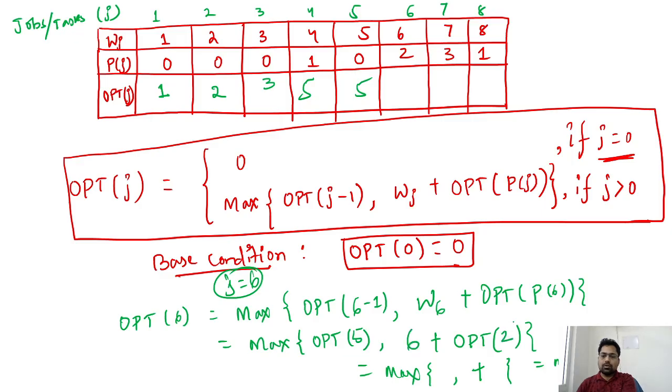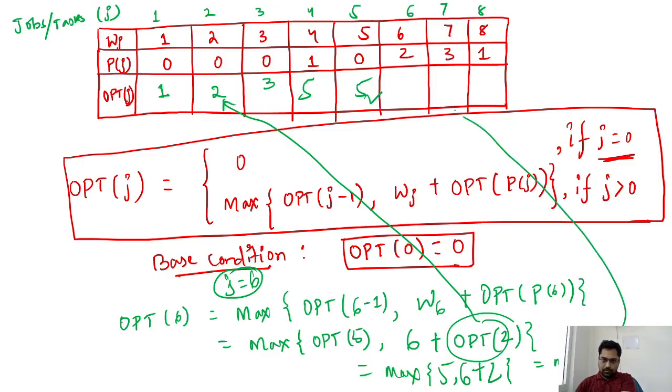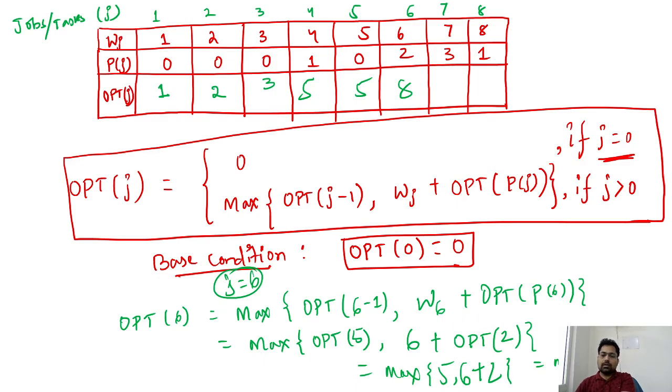P of 6 is 2. OPT 2 means this one. So 6 plus 2 is 8. I'm writing 8 there. And OPT 5 is this one, which is 5. So out of 5 and 8, the maximum we are getting is 8. If you consider the 6th one also, you will be getting the answer as 8.